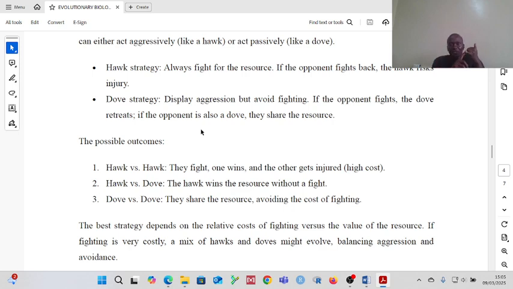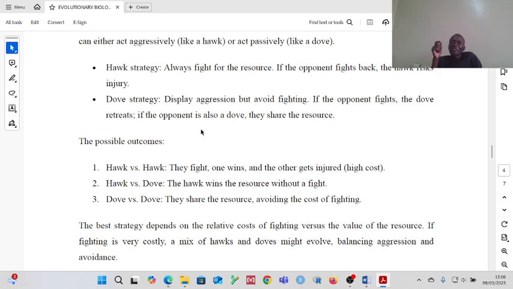You will lose energy and you risk being injured. Okay? But how valuable is this resource? If the resource is of a very high value, then you might be willing to lose energy and to risk injury so that you can get the resource.